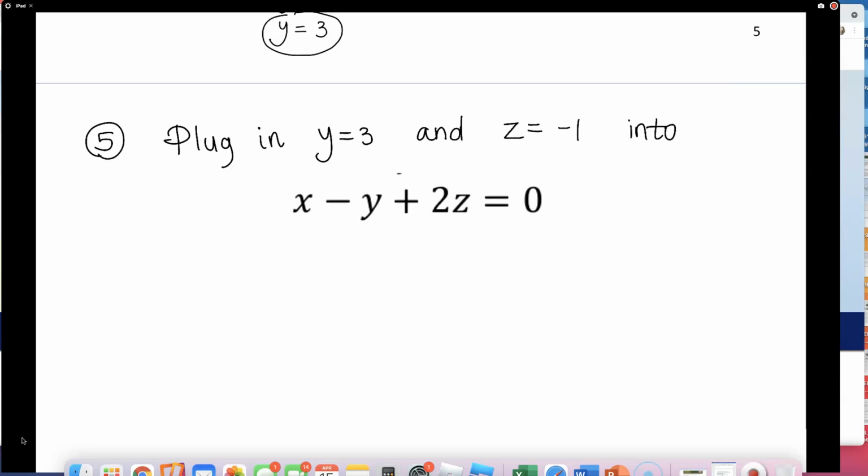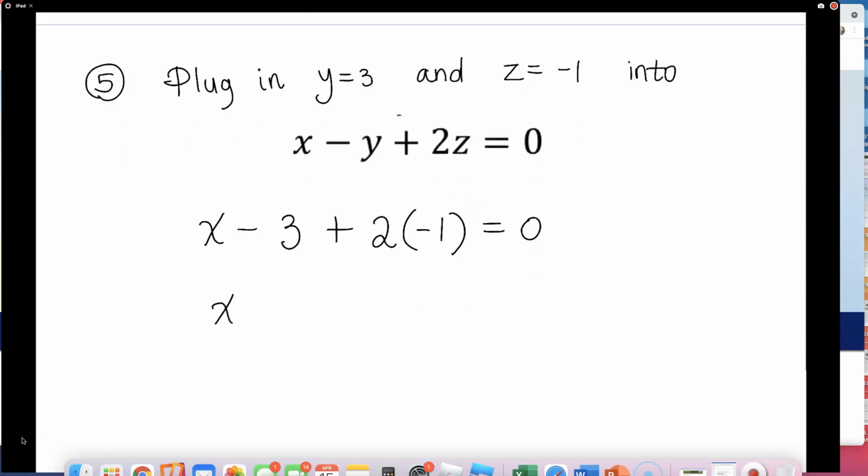All right, so I'm ready to do my substitution. So x minus y is 3, plus 2 times -1, equals 0. And I'm going to solve for x. This is x minus 3 minus 2 equals 0, which means x minus 5 equals 0.